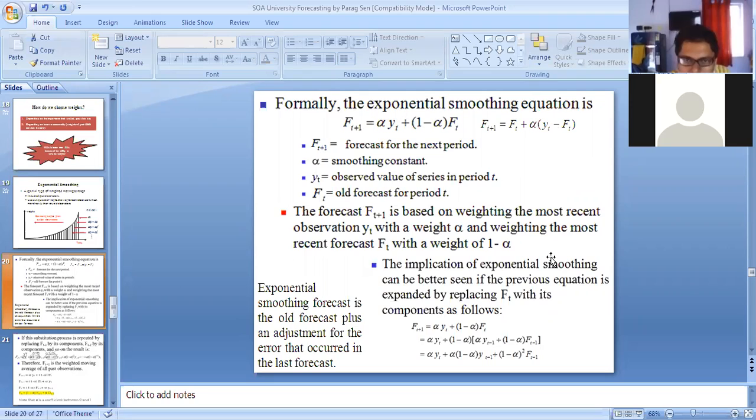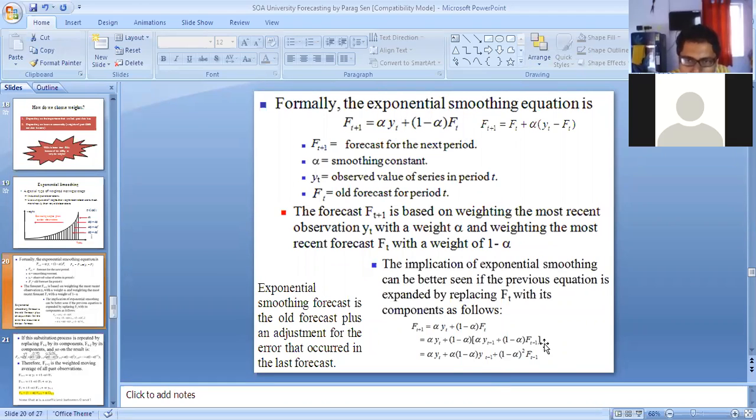The implication of exponential smoothing can be better seen if the previous equation is expanded by replacing F(t) with its components. So you write F(t+1) equals alpha into y(t) plus 1 minus alpha into F(t). Now you are placing the value of F(t) here, so F(t) can be written as alpha into y(t-1) plus 1 minus alpha into F(t-1).